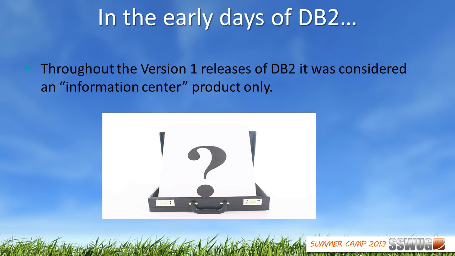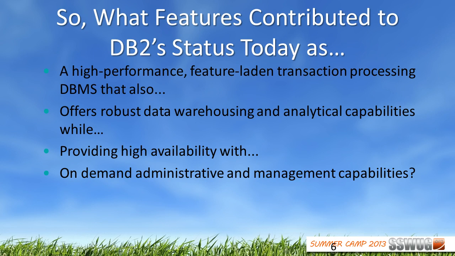An information center was more of an IT related application, or maybe even an analytical type of application, kind of what data warehousing and BI evolved into, but not exactly. So it really wasn't geared or thought to be geared towards transaction processing.